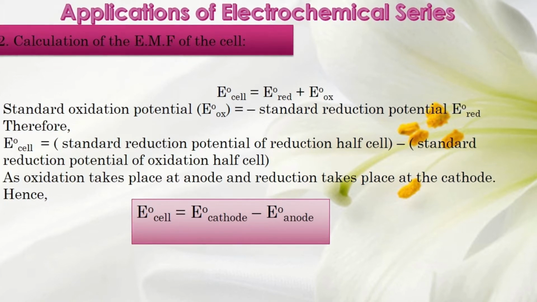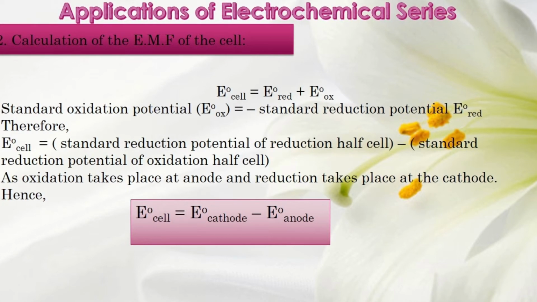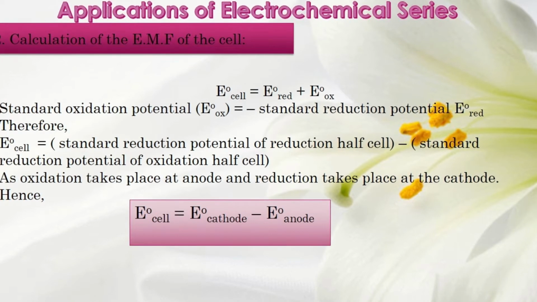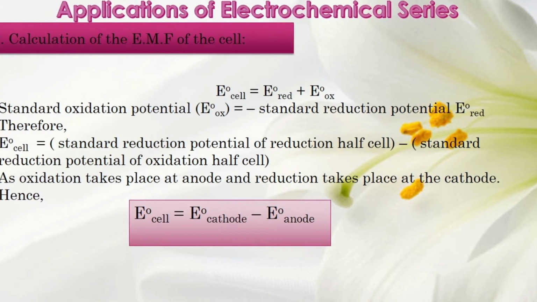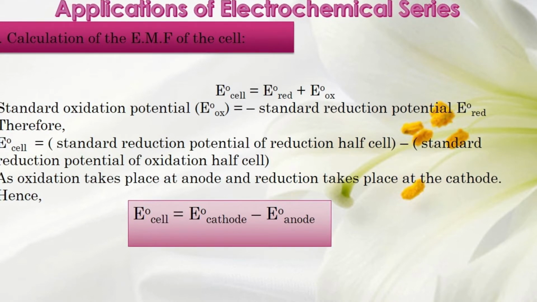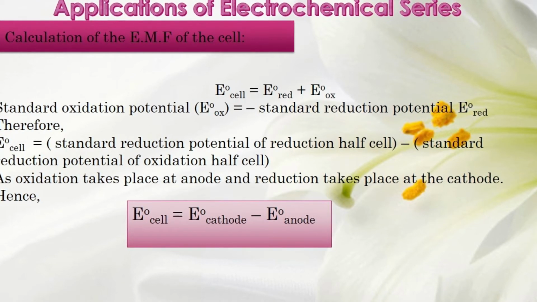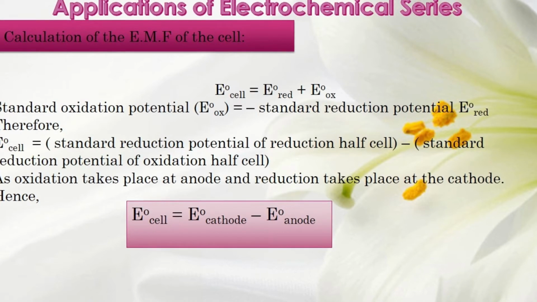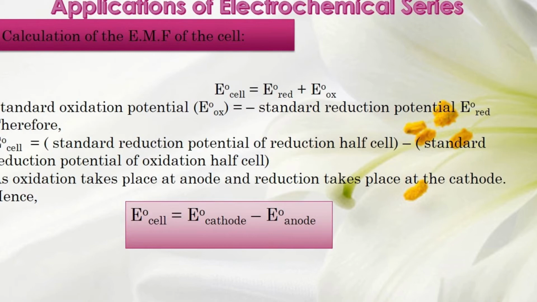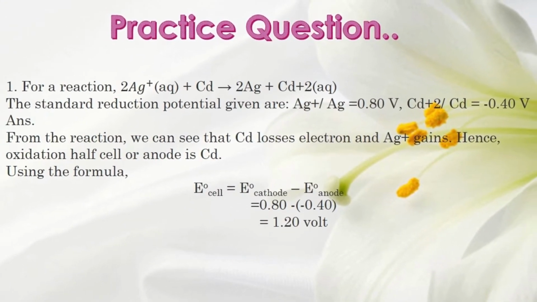Thus, standard oxidation potential will be equal to minus standard reduction potential. Therefore, standard EMF of the cell will be equal to standard reduction potential of the reduction half cell minus standard reduction potential of the oxidation half cell. So, E naught cell will be equal to E naught cathode minus E naught anode. Students, now you try to solve this question.